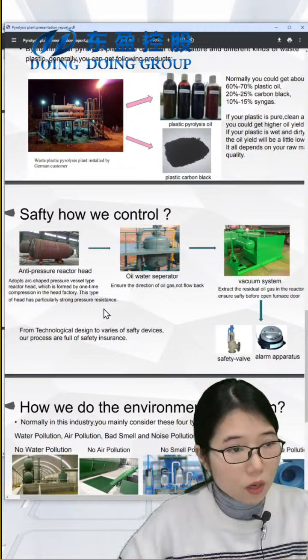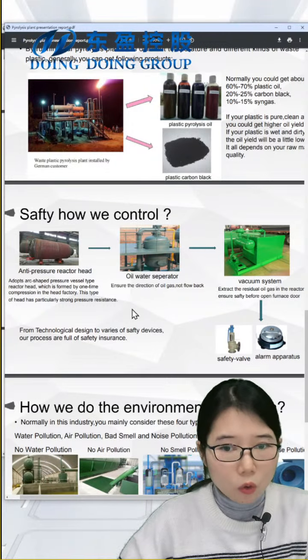For our pyrolysis machine, which is a kind of production line, some customers may care about safety, how we control the safety of the whole plant.